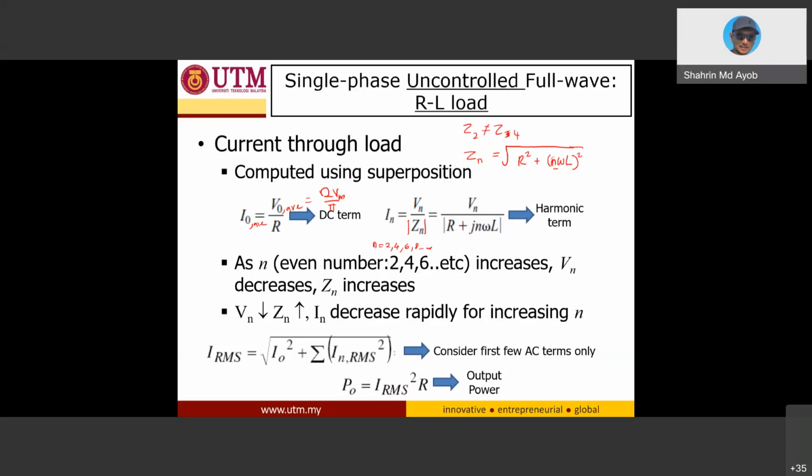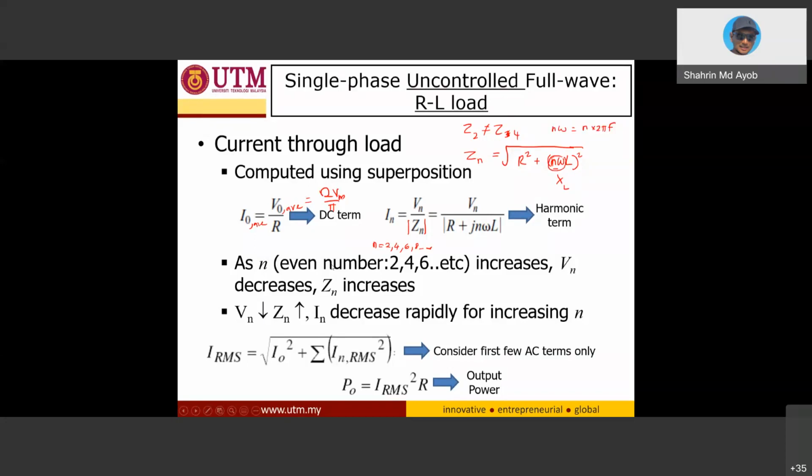The R is fixed, but the value of XL is changing because the reactance depends on the frequency, which is n omega, and n omega is n multiplied by 2 pi f. So your XL changes according to the number of harmonics.